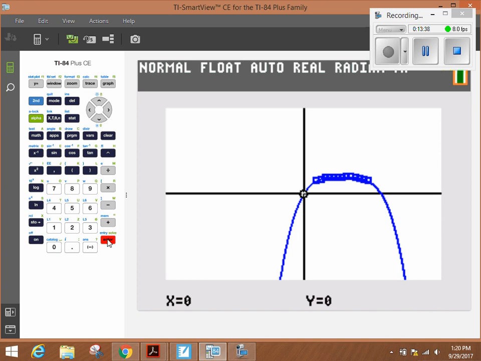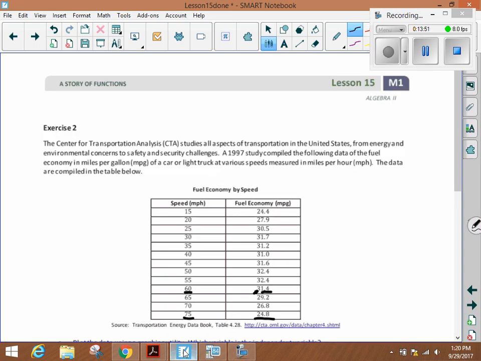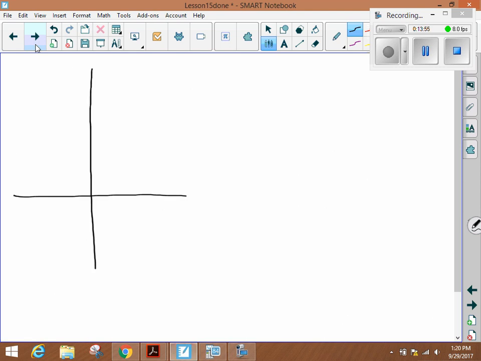Now let's do some interpretation. What does it mean when x equals 0? So we'll go back to this. It looks like our function looks something like that, right?